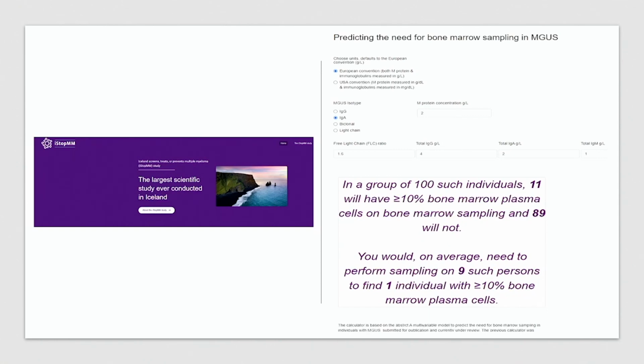Basically, if you have a patient with a hanging M protein, I believe once this is reviewed and published, it would be a good tool to estimate the risk of smoldering multiple myeloma in MGUS patients.